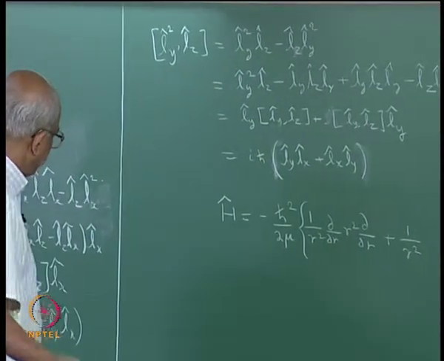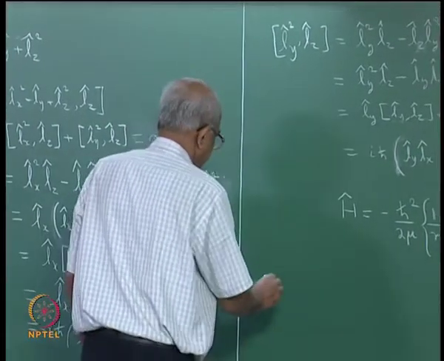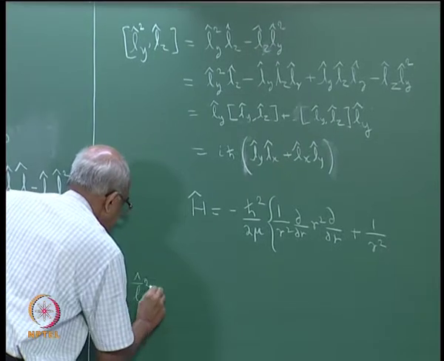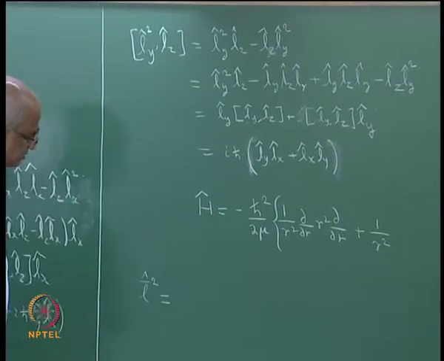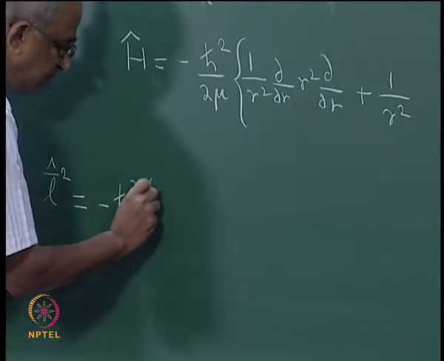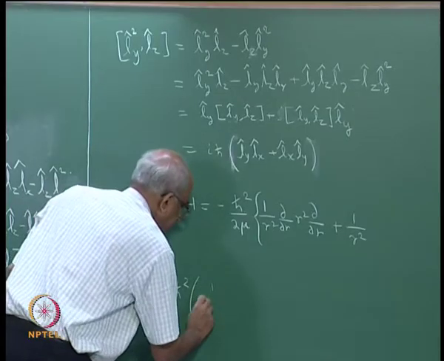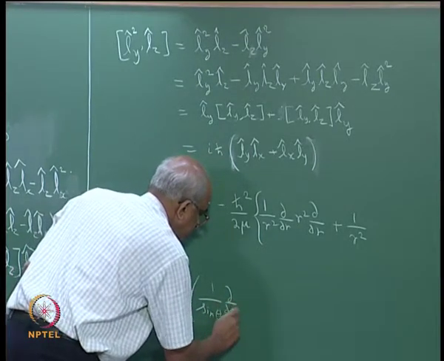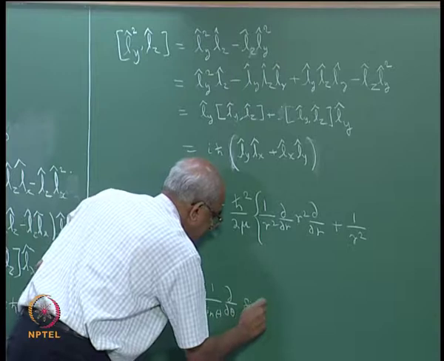Remember, I had written an expression for L square in the morning. Let me write the expression for L square. L square is actually minus ħ square, 1 by sin theta dou by dou theta sin theta.